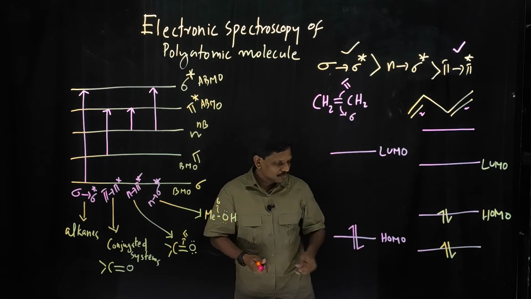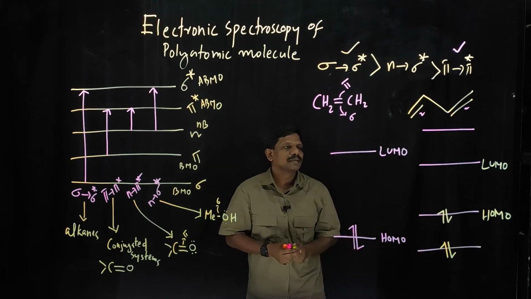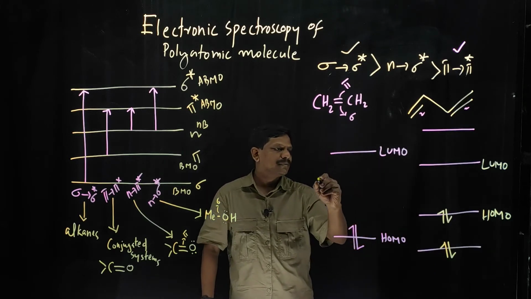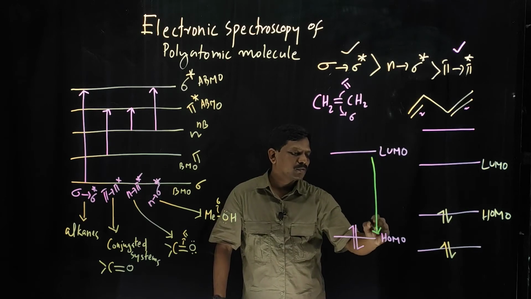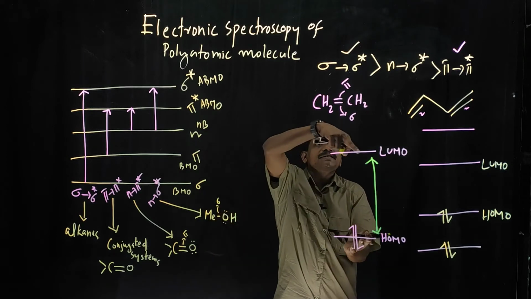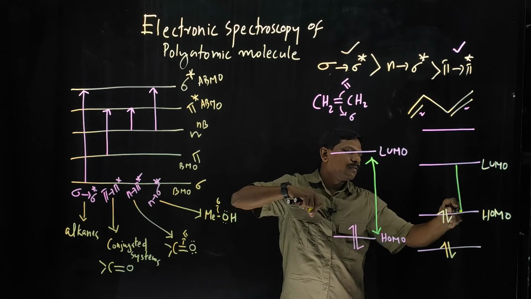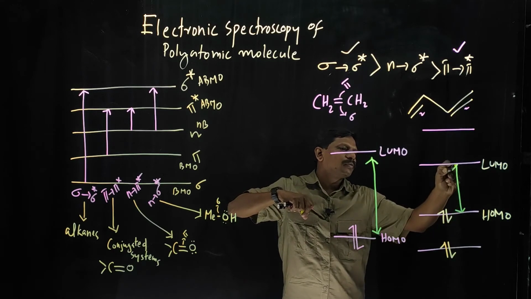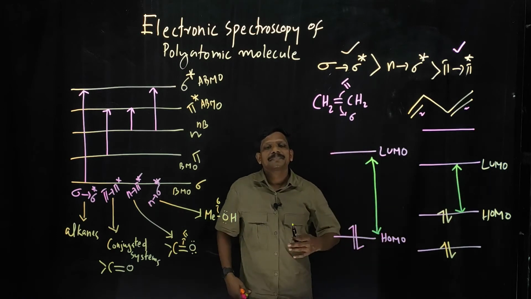Now you see a very important thing here about the energy gap between HOMO and LUMO. Here it is this much energy gap for a double bond, but when the number of double bonds increases, that means when the conjugation increases, the HOMO-LUMO gap decreases.